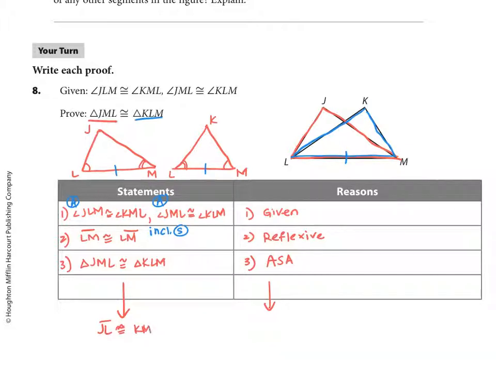Those are corresponding. And JM is congruent to KL. We also know the third pair of angles is congruent, angle J and angle K, right? They have to be congruent because of CPCTC.